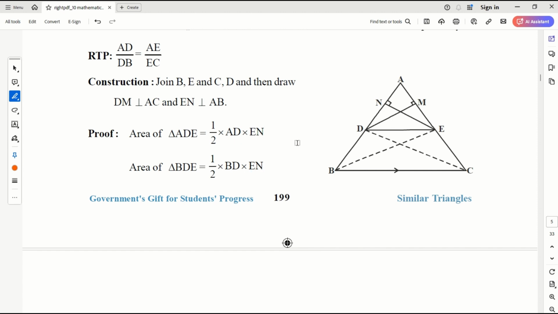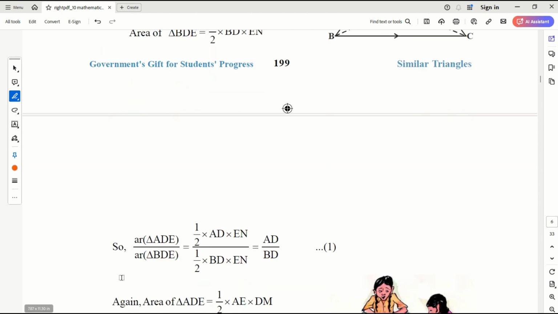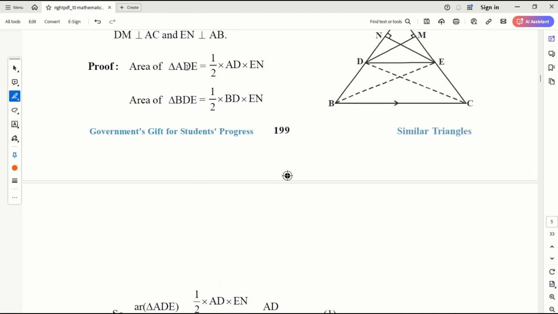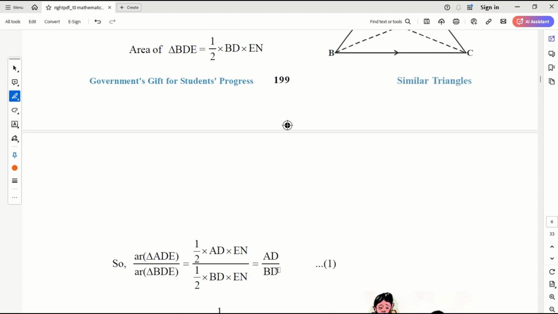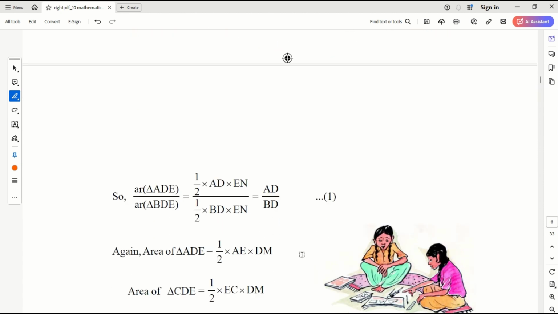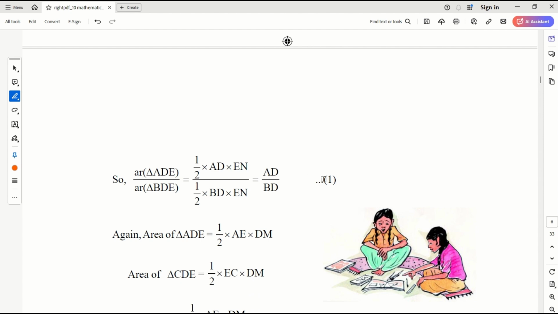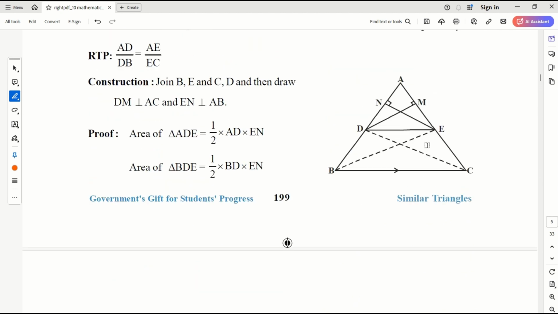Now the area of ADE by the area of BDE, if I take the ratio, is AD by BD. Now this is equation 1. Similarly, I take the area of ADE as half into AE into DM. This time I am taking AE as the base, and DM is the height.